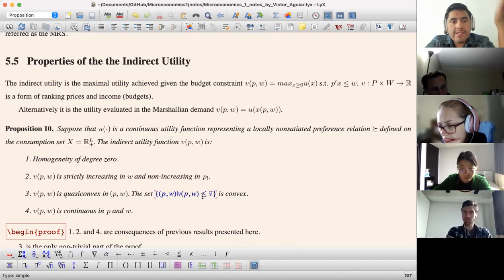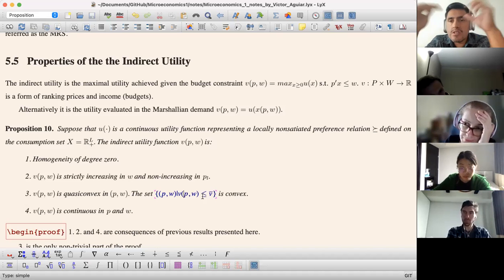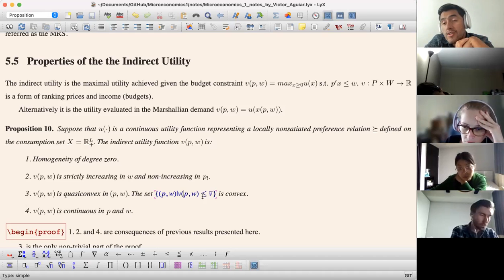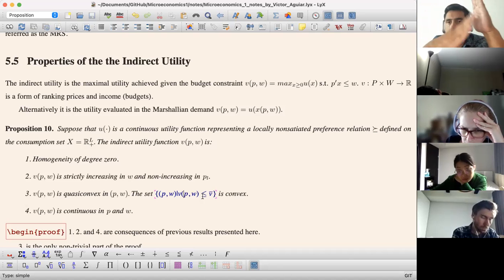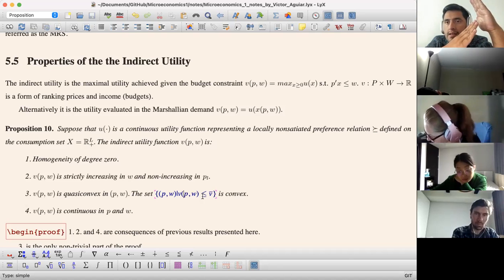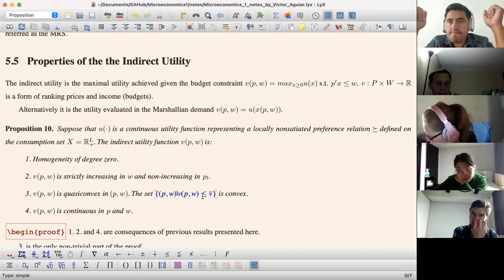In this case, you get this extra thing, which is the quasi-convexity of the indirect utility. This you always get, irrespective of whether the utility is actually quasi-concave. It's just a mathematical property coming from the fact that you're maximizing over a linear budget.